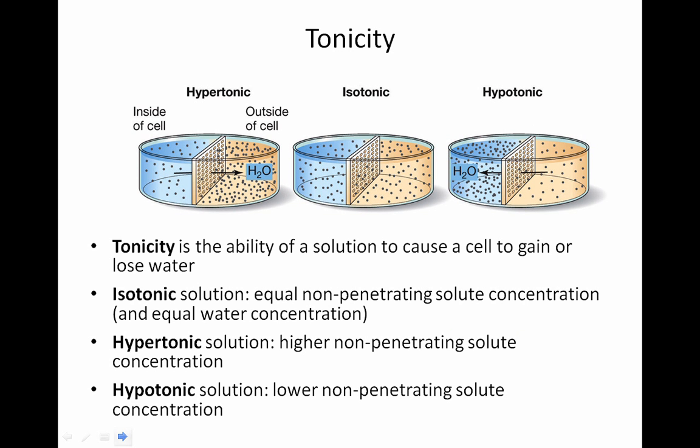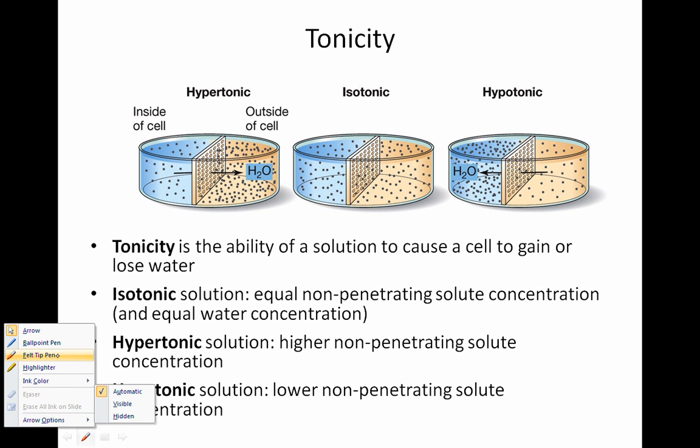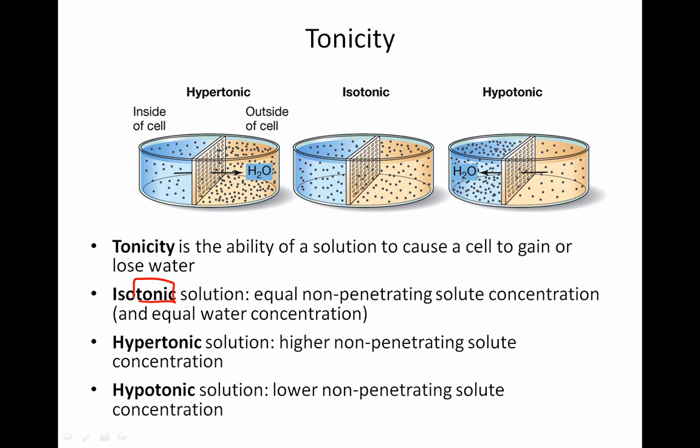What we're talking about when we refer to tonicity is not really the water in the solution. We're referring to the solute in solution. So tonic refers to solute. Iso is the same number of solutes. Hyper means more solutes. Hypo, less.